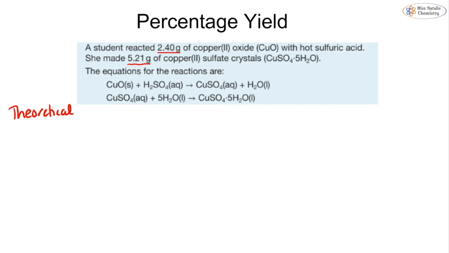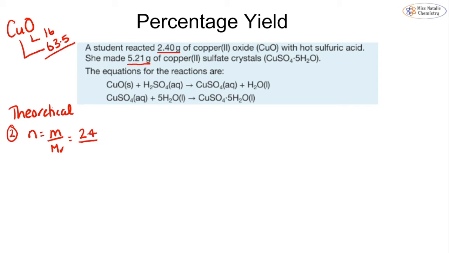We first have to jump to step 2. So we're going to work out the number of moles, which is our mass divided by MR, of our copper oxide, because that's the thing that was reacting, and we're told we use 2.4 of that. So we use 2.4, and the MR for copper oxide, which is CuO, is 16 plus 63.5, giving you an MR of 79.5. So our number of moles is 0.0302.